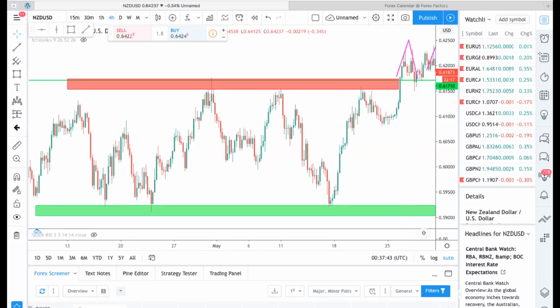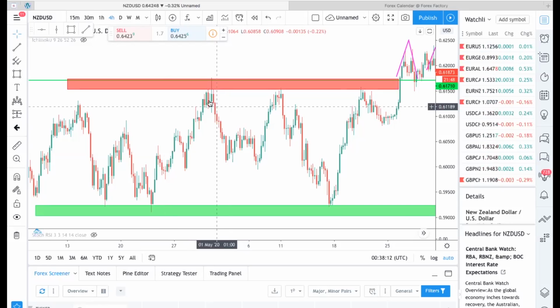Is it rejecting the price? Or is it letting it through? As soon as you see long wicks form, that is a good indicator that price respects the resistance here, or respects the support here. Now I'm going to look for an entry. And as soon as that green or red candle forms and closes, then you go ahead and enter.